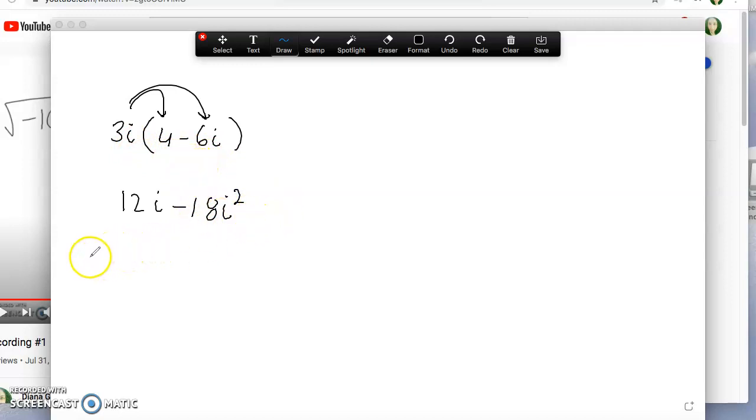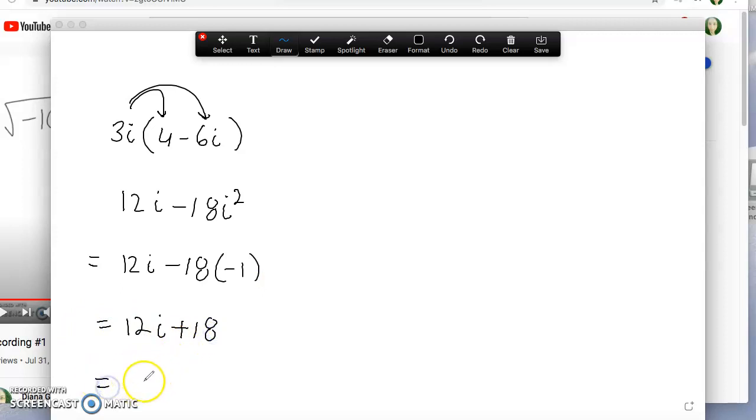This is going to equal 12i minus 18 i squared. i squared is negative 1. So that's 12i plus 18, because negative 18 times negative 1 is positive 18. But I need it to be in a plus bi form, so I have to put the integer first, then the imaginary number.